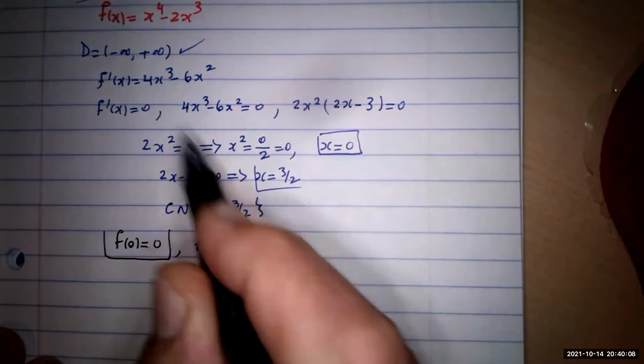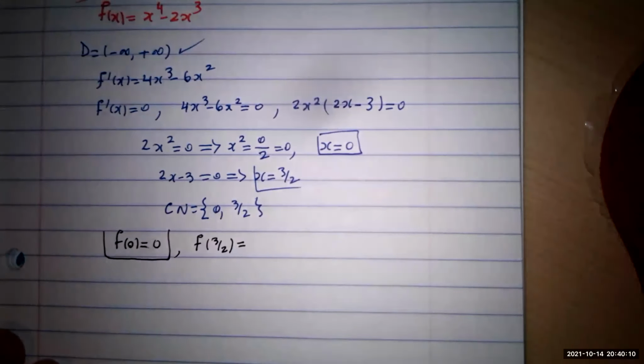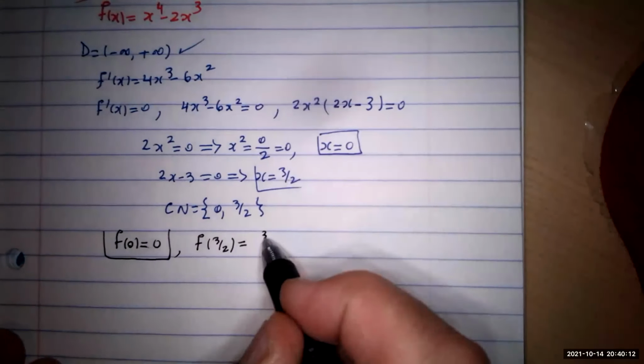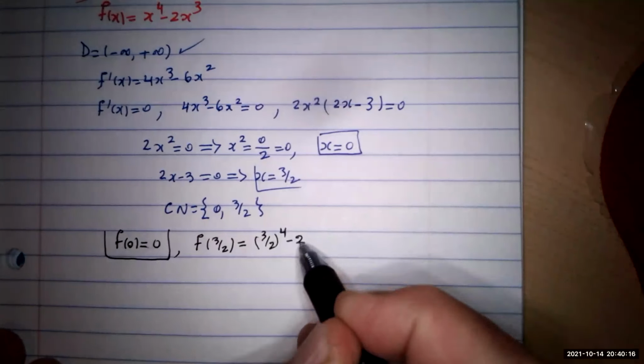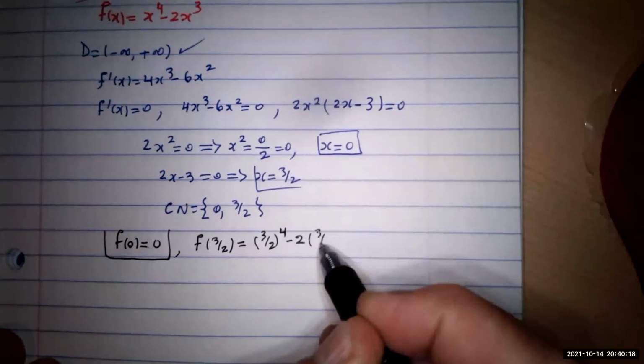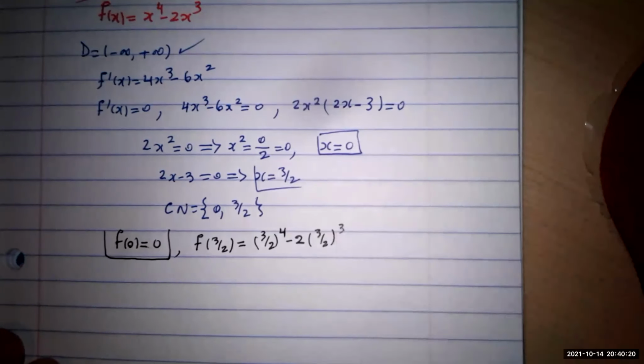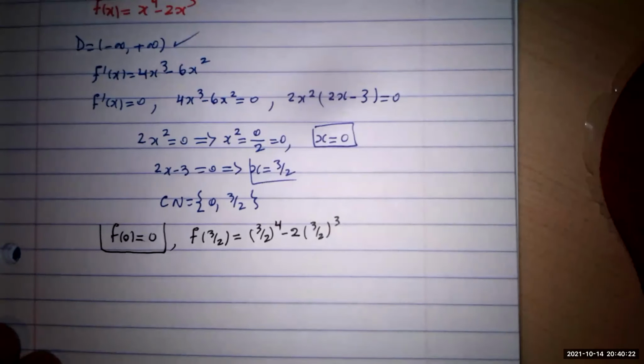You can use your calculator or just substitute: 3/2 to the 4th, minus 2 times 3/2 to the 3rd. If you feel uncomfortable, you can call it 1.5 and just use a calculator to get these numbers.